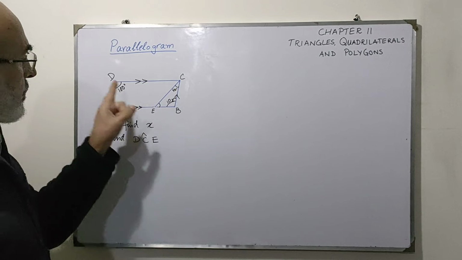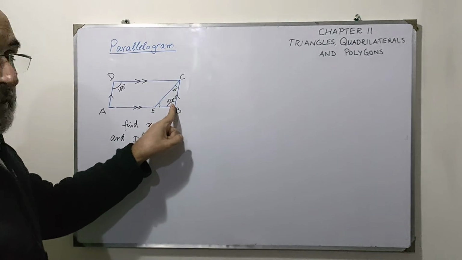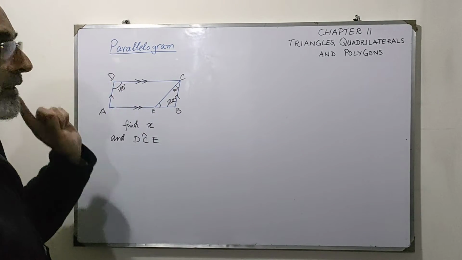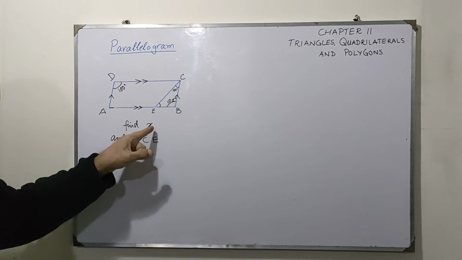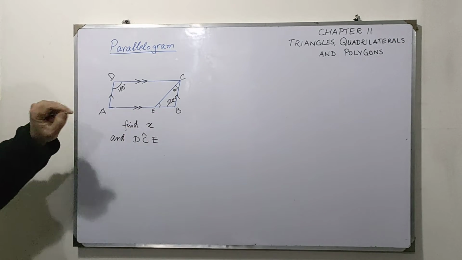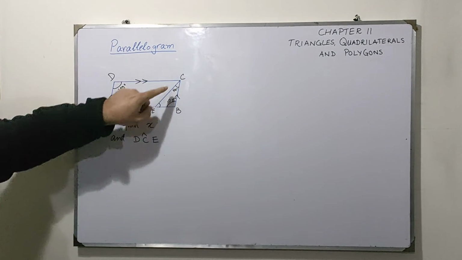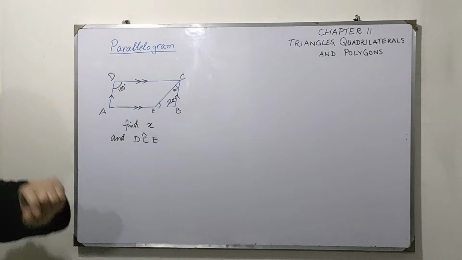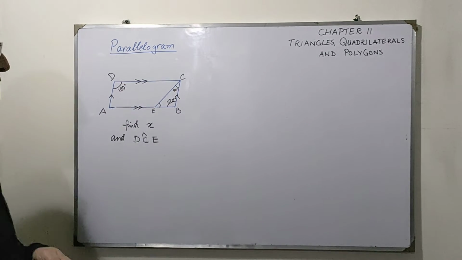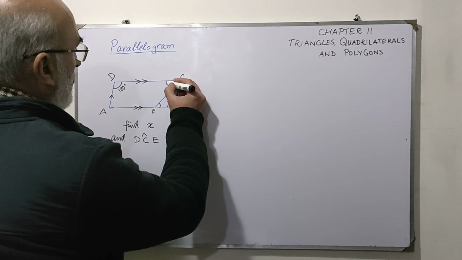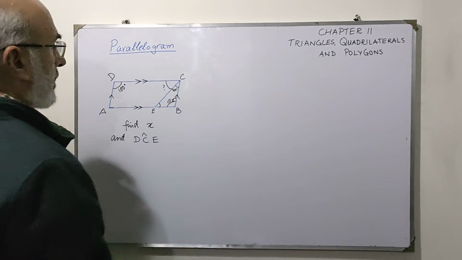What we have to do, here we have an angle 10x and this angle is 100. So first thing is we have to find x, and then we have to find DCE. We have to find this angle.